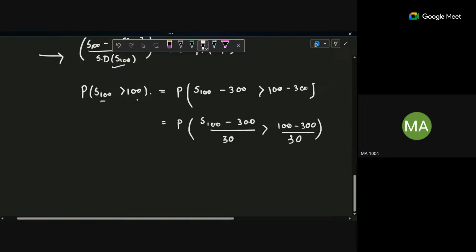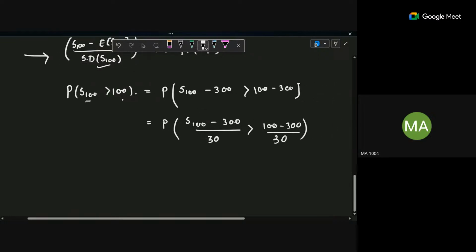Now, why did I do these things? Because S100 was following a normal distribution with mean mu and variance sigma square. But I want my variable to follow a normal distribution with mean 0 and variance 1, so that I can use the normal table and find the values accordingly.